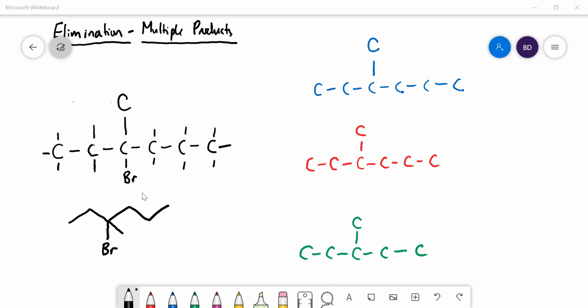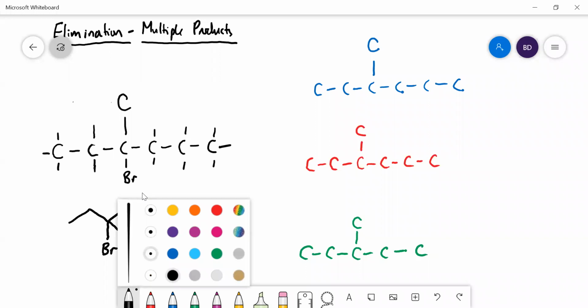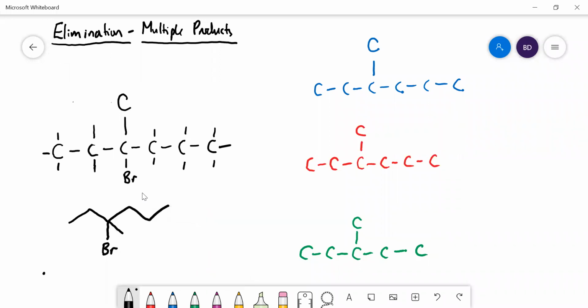So we're going to start off with this compound here, which is 3-bromo 3-methyl hexane.